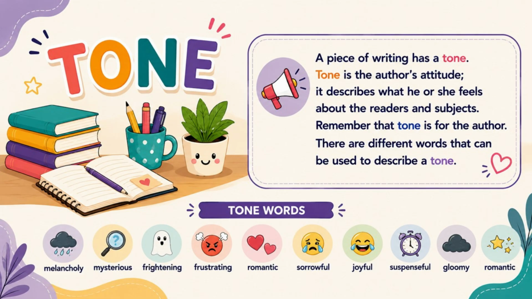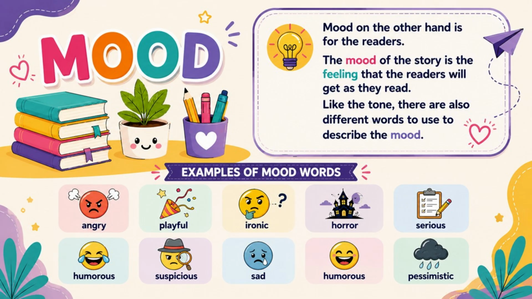Tone words: melancholy, mysterious, frightening, frustrating, romantic, sorrowful, joyful, suspenseful, gloomy. Mood, on the other hand, is for the readers. The mood of the story is the feeling that the readers will get as they read.